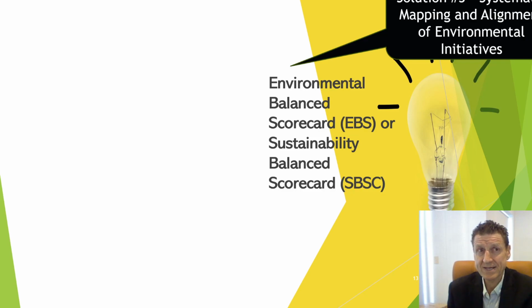When we talk about the systematic mapping and alignment of initiatives, we're also bringing in the social. We're bringing in the alignment of the employee motivations, so they feel at one with the company's vision for its environmental sustainability future.